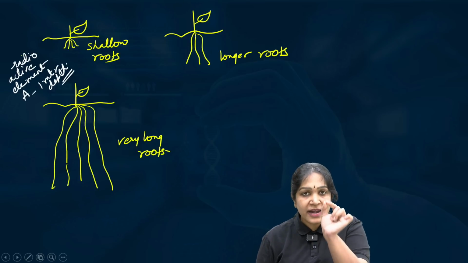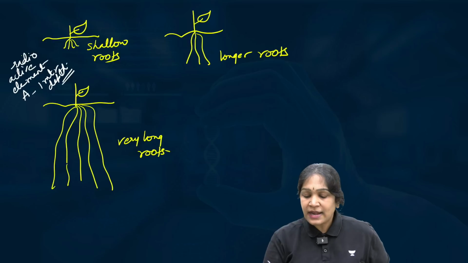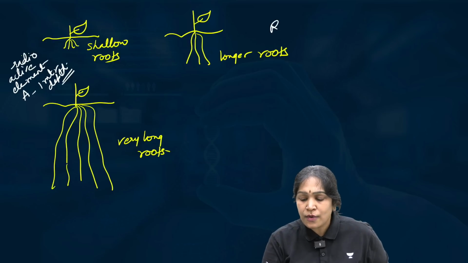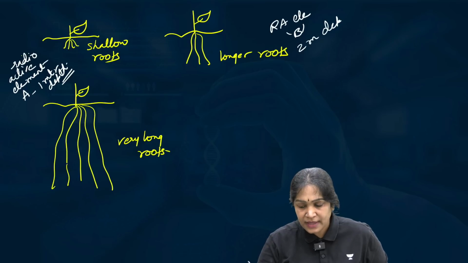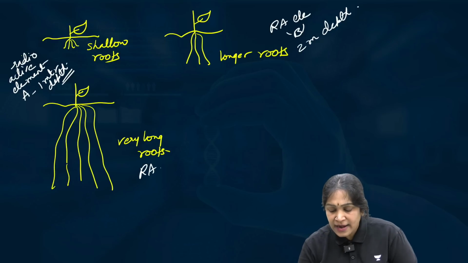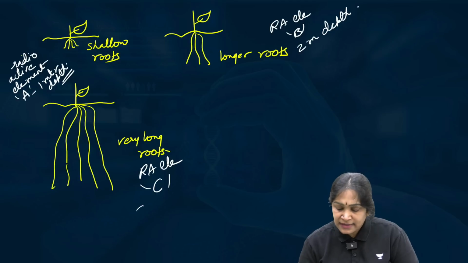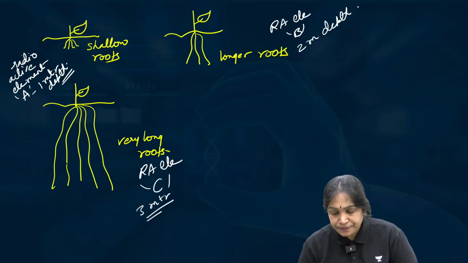I kept one radioactive element at 1 meter depth, and I kept another radioactive element called B at 2 meter depth. I hope it is clear. And I keep another radioactive element called C, okay, at 3 meter depth.